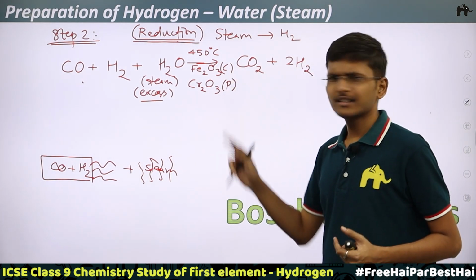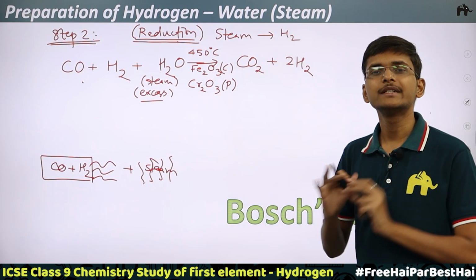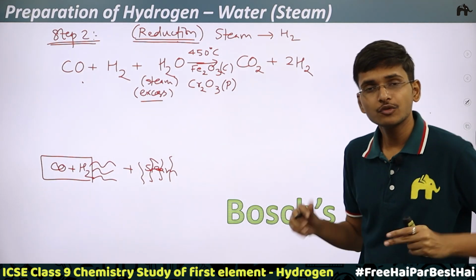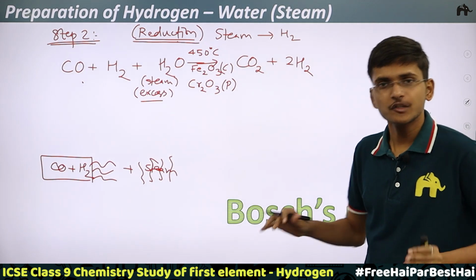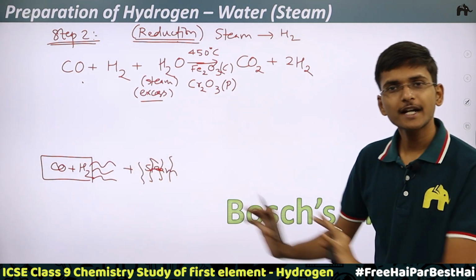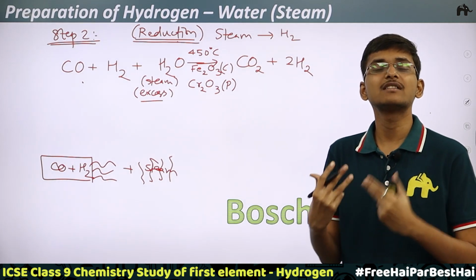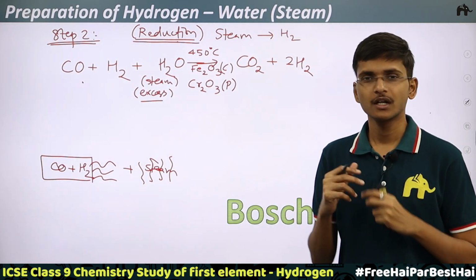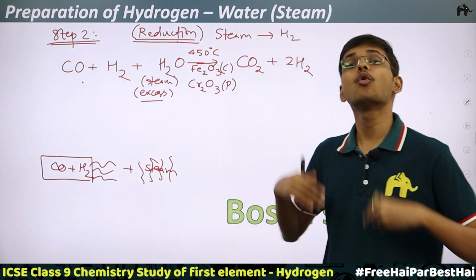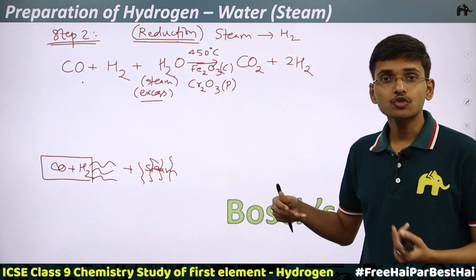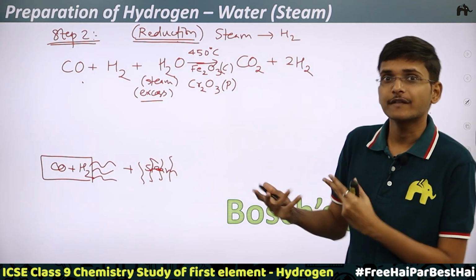Now catalyst you may know just speeds up the reaction, and promoter is someone which you can imagine is pushing the catalyst to increase the speed of the reaction. In short, promoter simply increases the efficiency of the catalyst. It makes the catalyst more efficient. So it pushes the catalyst to work more efficiently.